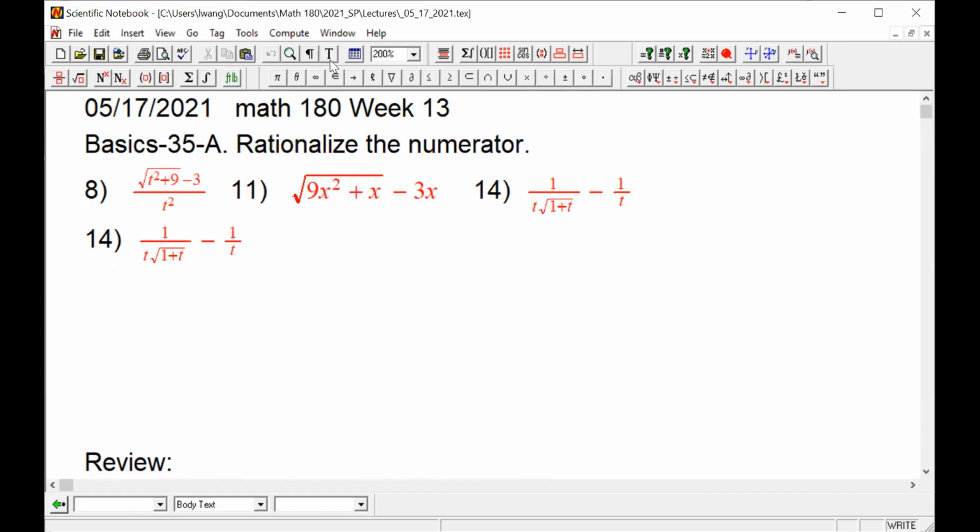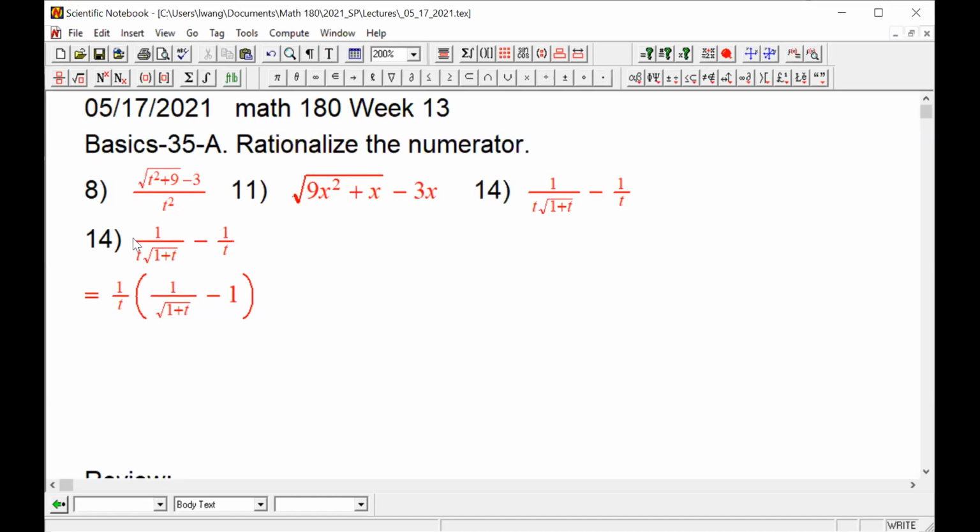If you notice that there's a t as a denominator, you might like to factor this out. Wouldn't you? I would.